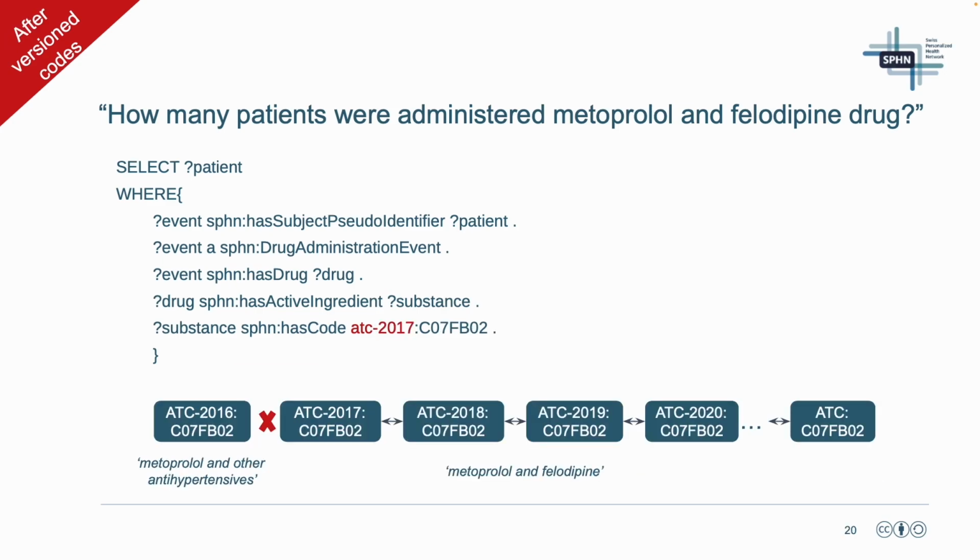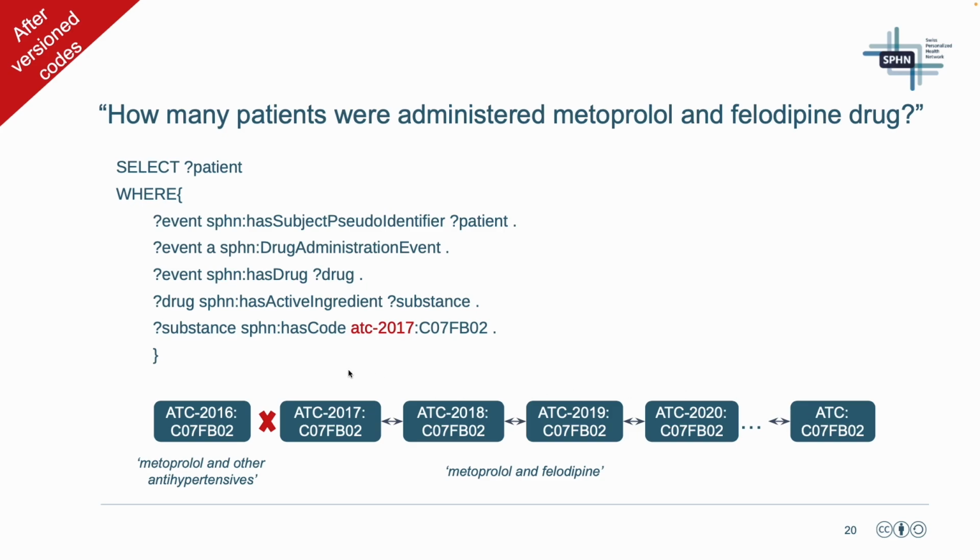Now, with the version codes, the user can specify the version that they are interested in. So they can write in the query that they would like to get all the patients which had the drug administered, which is the metoprolol and felodipine drug, which has been valid since 2017. And if you remember, in the versioned or historized file, we have a chain of information until a meaning change is observed.